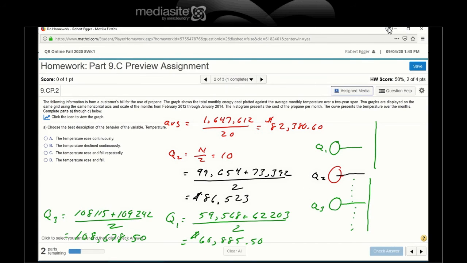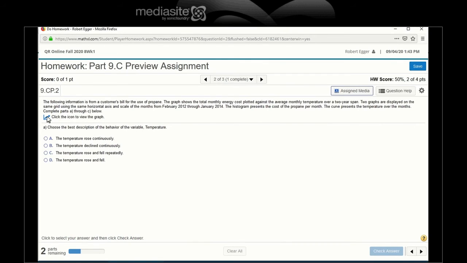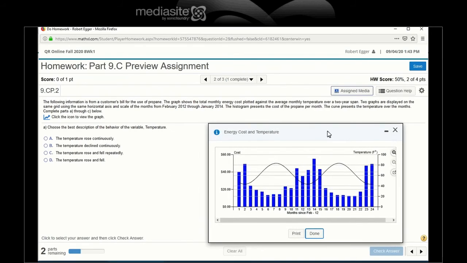There we go. Looks familiar again. Same as in the tutorial, we're comparing energy costs and temperature. There's our temperature graph. Here's our fuel cost. And we have to compare them.